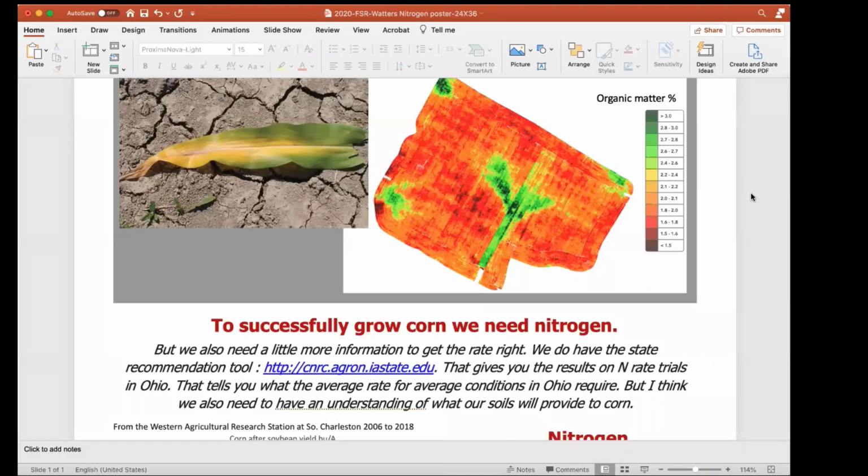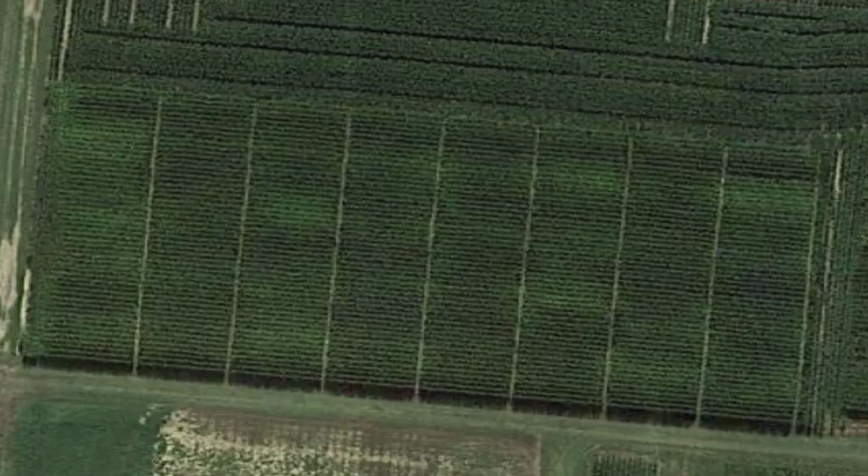Probably about 65, maybe 75% of the data that's in the database comes from on-farm data across the state of Ohio. And then three of us, many county educators, but also Greg LaBarge and I, have been doing these nitrogen rate trials at the research stations. And we've continued those actually since 2005, I think.